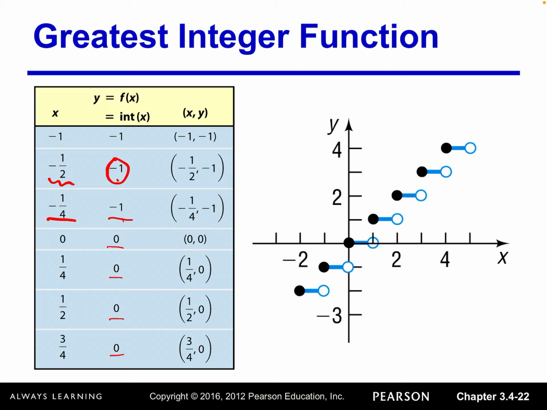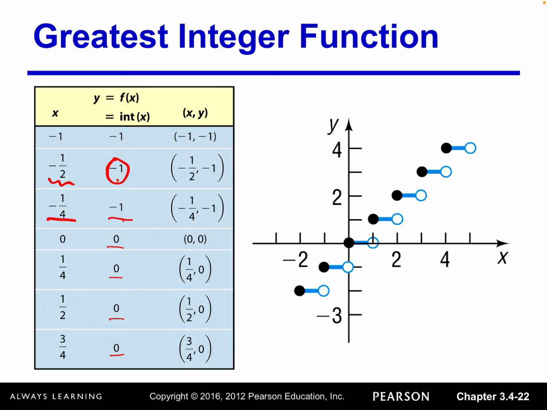If you look at a graph of the greatest integer function, you will see horizontal line segments, piece by piece. It's not continuous, due to the nature of the greatest integer function.